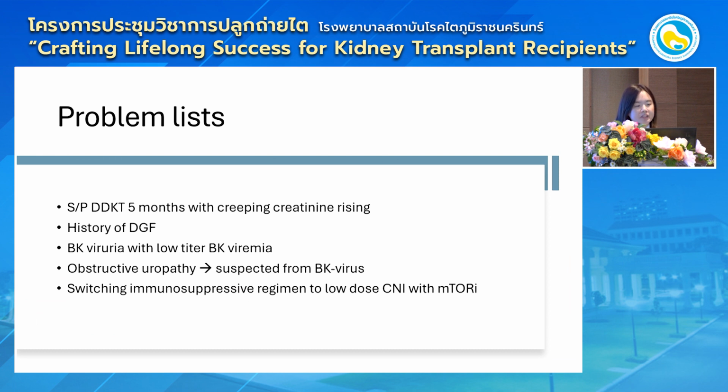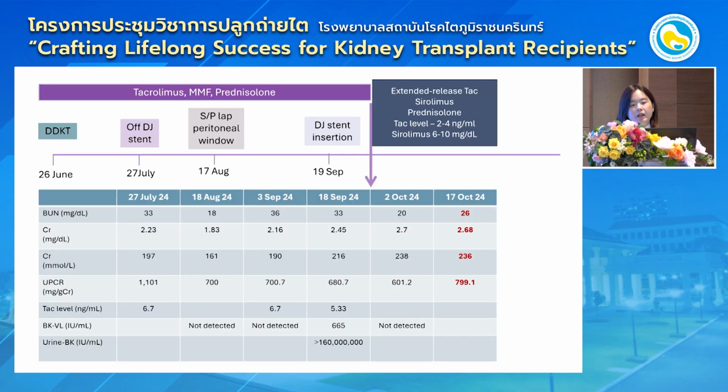So the problem in this case is a DDKT at 5 months with creeping creatinine, history of DGF, low titer BK viremia, and obstructive uropathy, suspected to be from BK virus. We switched the immunosuppressive regimen to low dose CNI with mTOR after we suspected BK uropathy.